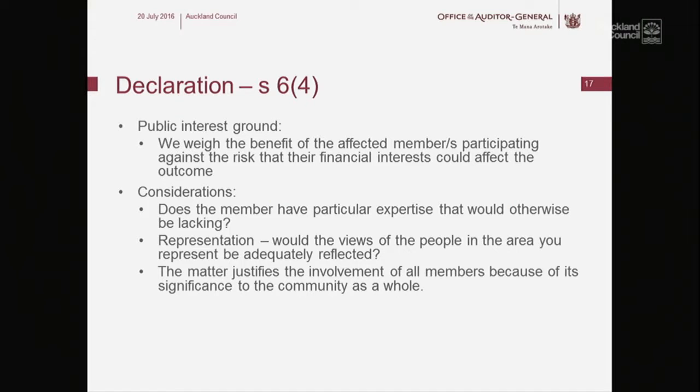So just in terms of some examples of declarations we've given under this ground, one that was some time ago, a councillor on the Far North District Council was a very keen advocate for building a bridge across the Hokianga Harbour, which was an idea of some years ago. He owned land on one side of the harbour that could potentially benefit if the bridge was built.